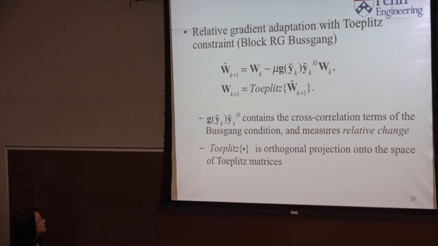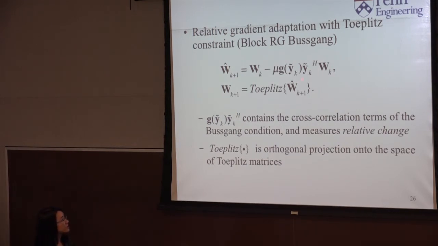And we could see that in the first row, the relative change matrix before the W matrix contains the cross-correlation terms of G and Y. If we recall, the GY cross-correlation term is exactly the terms in the Pascal condition. So that means we use the Pascal condition, which should be 0 at the steady state, to measure the relative change. And this is similar to the previous BSS-based algorithm.